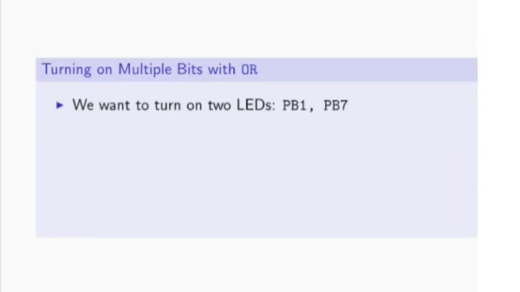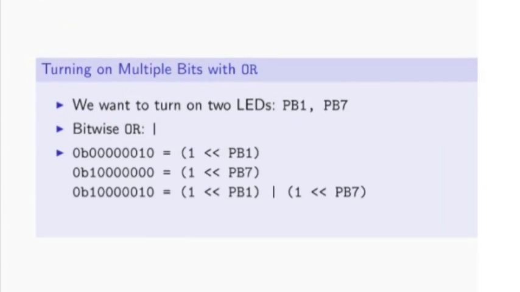It's actually fantastically convenient. So say we wanted to turn on a couple bits, a couple LEDs, right? We've got LEDs on pins PB1, PB7. What do? We can use the bitwise OR. You make a PB1, so you shift it over to PB1, which in this case is a 1 shifted over once.